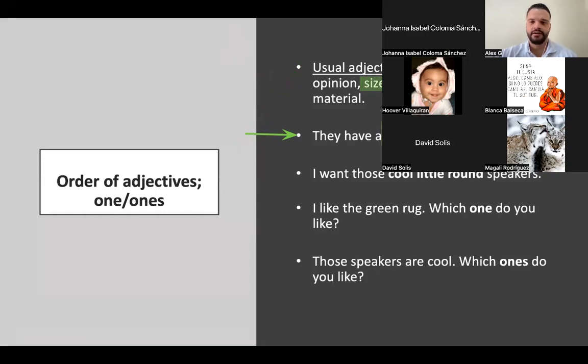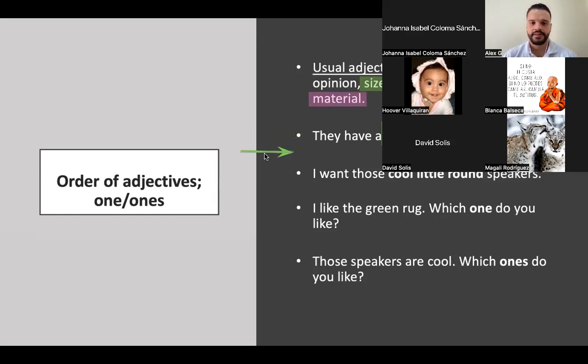If we are talking about the nationality, then we could say Italian, right? And if we're talking about the material, the leather is the material. So in English, there's an order that we have to follow when we have multiple adjectives, okay?